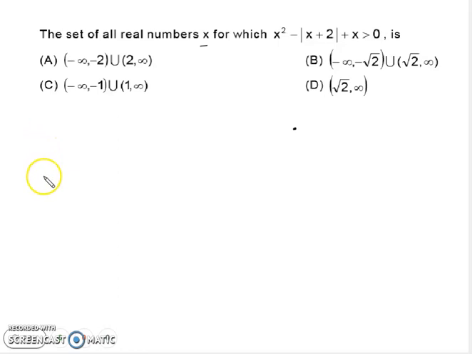So what is the equation? The equation is x squared minus |x plus 2| plus x is greater than 0.